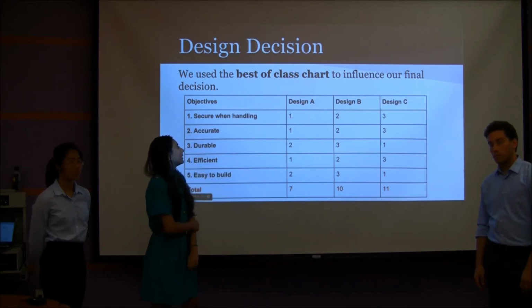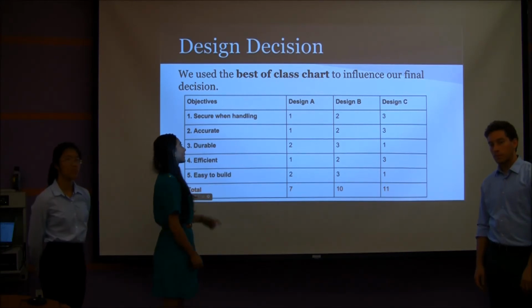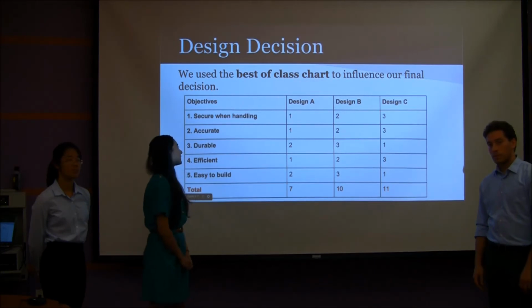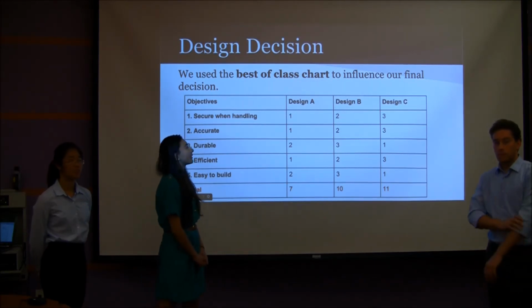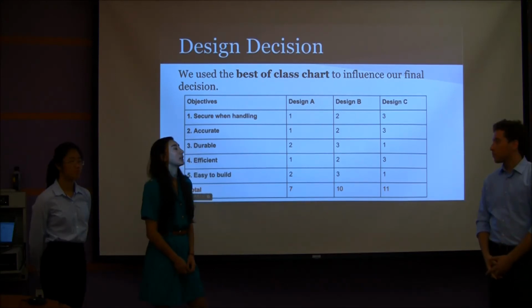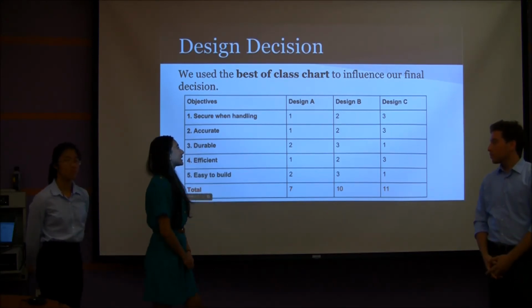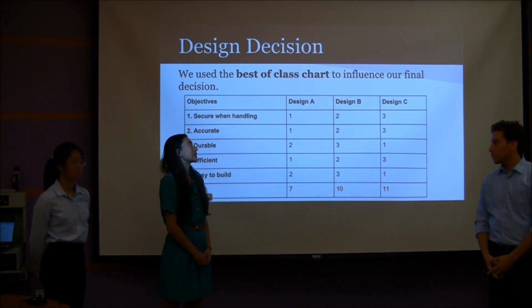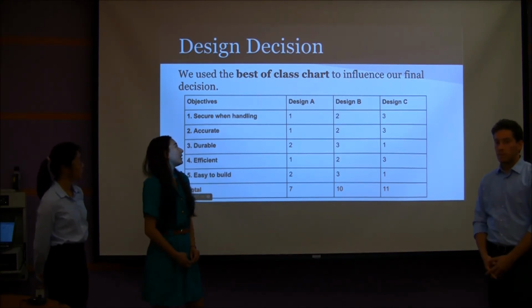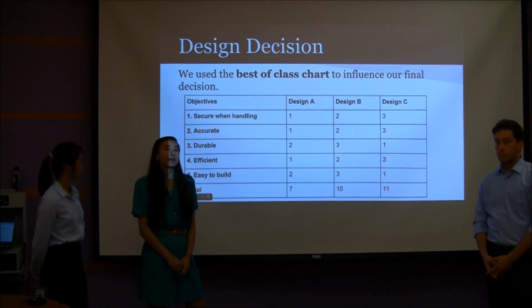Design A scored the best in the most important objective, secure when handling, as well as accuracy and efficiency. We found Design C to be simple, but too inaccurate and too inefficient. And Design B was less accurate than Design A, which eventually influenced our decision to make Design A the alternative design.